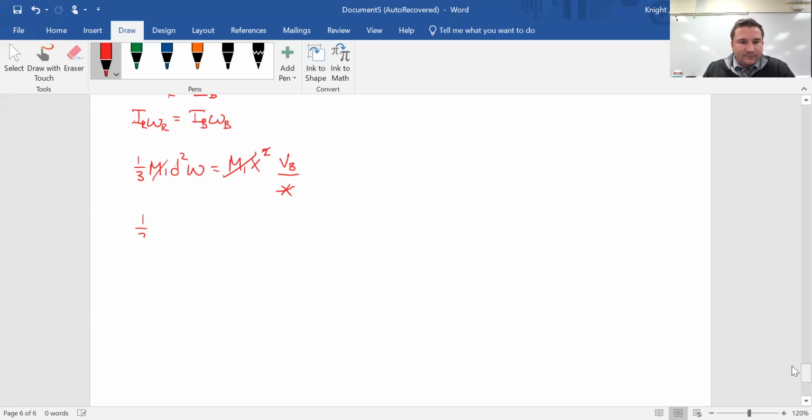We'll get 1/3 D squared omega is equal to X times the velocity of the ball, right? And we kind of get stuck there because we could divide velocity of the ball over to the other side, but it's still something that we can't have in our equations because of what it specifies in the problem. So we need to replace this velocity of the ball. How do we do that?